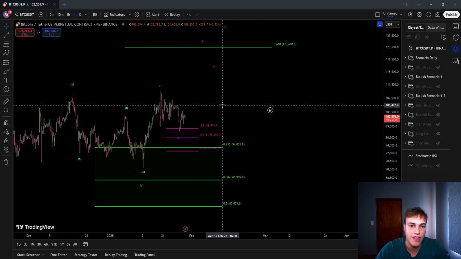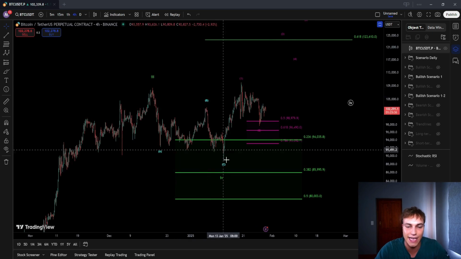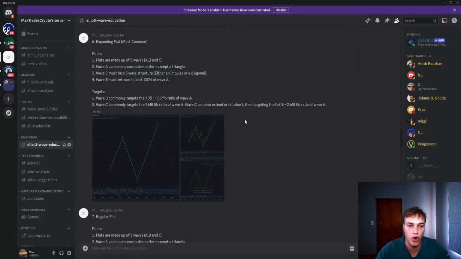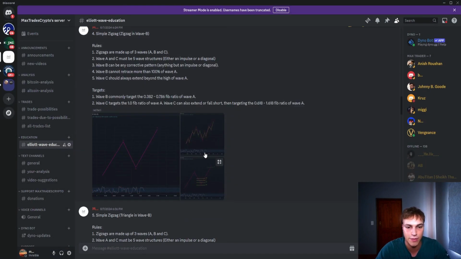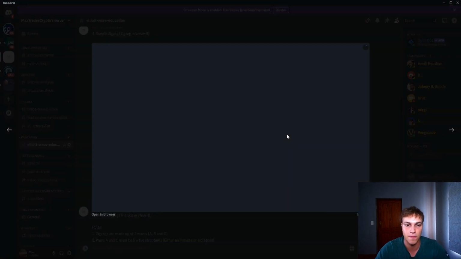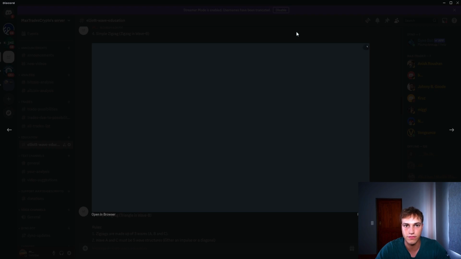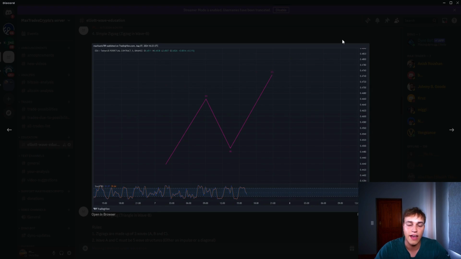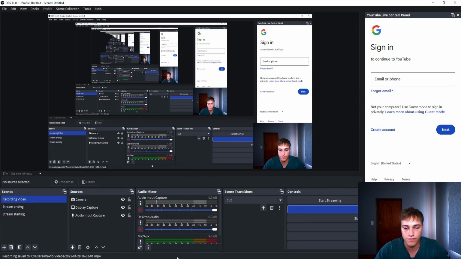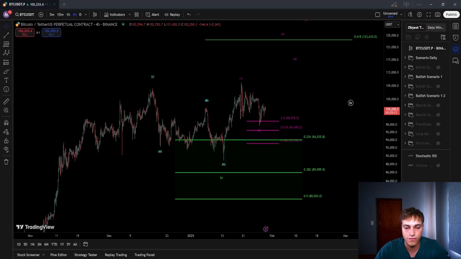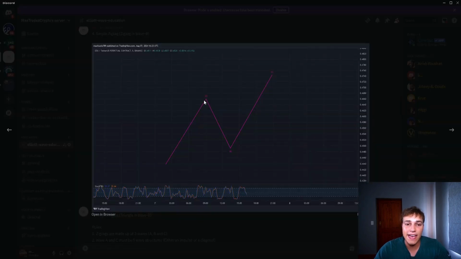We can see here that this wave 4 would be a standard ABC, and if I show you on the Discord channel, a standard ABC looks something like this. A wave A towards the upside, B that doesn't take the low of A, and then C that expands higher.